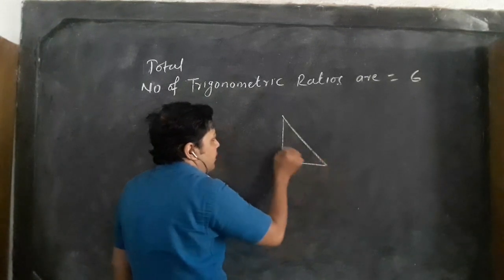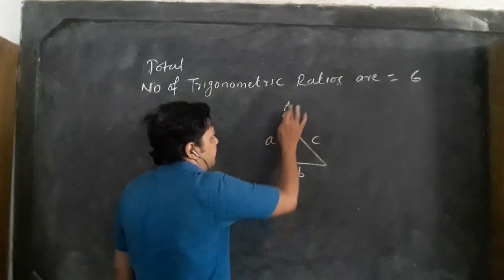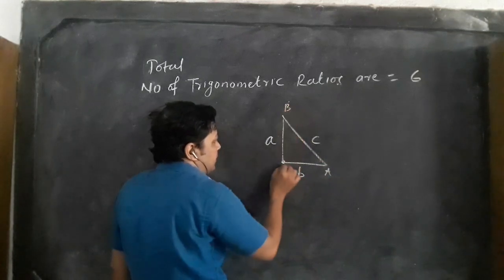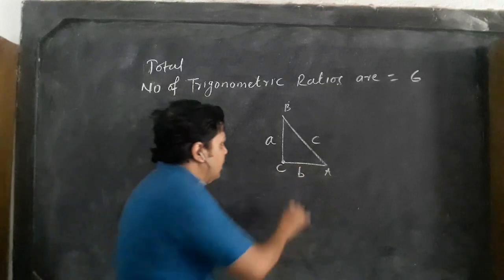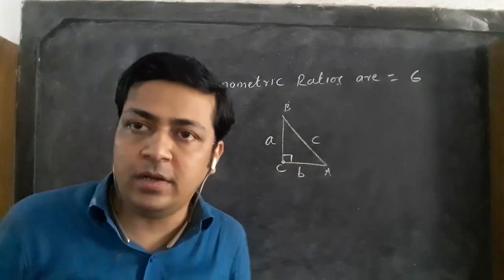In the triangle, the total sides or measurements are this one A, this one B, and this one C. The number of sides is 3, and for a ratio we will take 2 at a time.